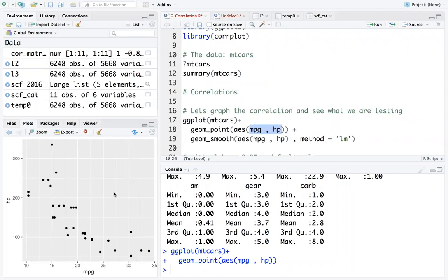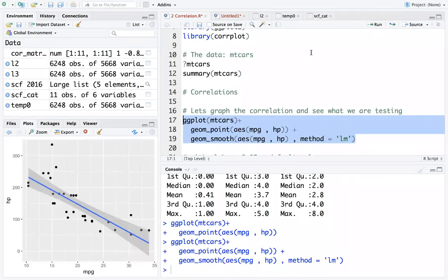If you want to visualize the line going through here, we run this complete code. This last line, from the plus sign onwards, draws a line for us. The dots are the observations, and the blue line would be our correlation, our slope. We don't know if it's significant or not. This is just to visualize what's going on.